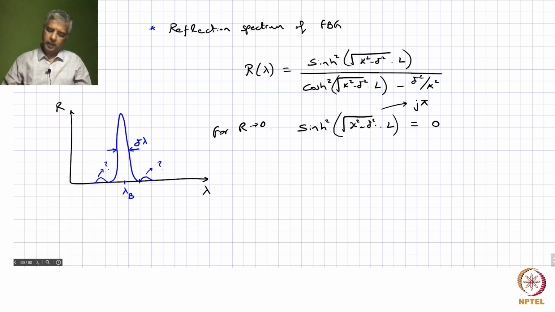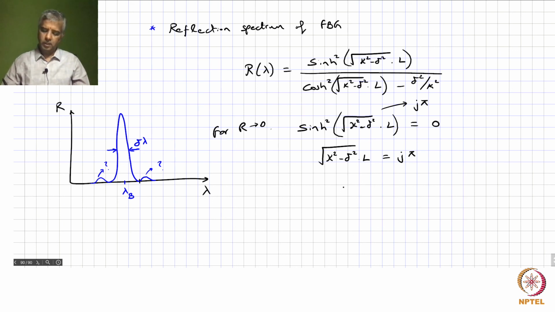So we can write that condition separately. We can say square root of kappa square minus delta square, multiplied by L, equals j pi, or you can rearrange terms. You can take that square root to the other side, so it's going to give you a minus pi square.